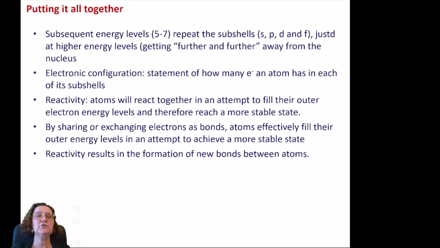So the only thing I want you to keep in mind is that electrons in the electronic cloud are not just randomly distributed, their energy is quantized. They can only occupy specific regions of space. And we come up with these energy levels, and energy levels tell you how close those electrons are to the nucleus.